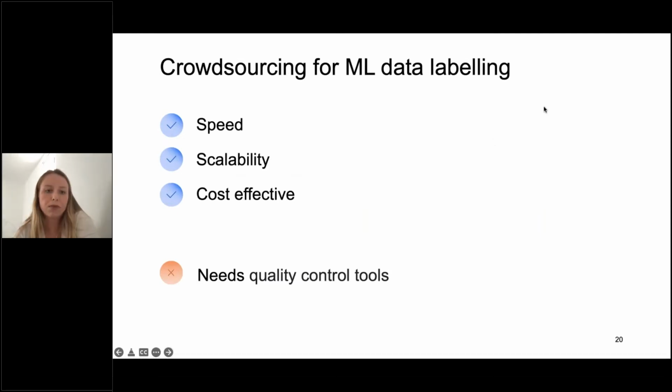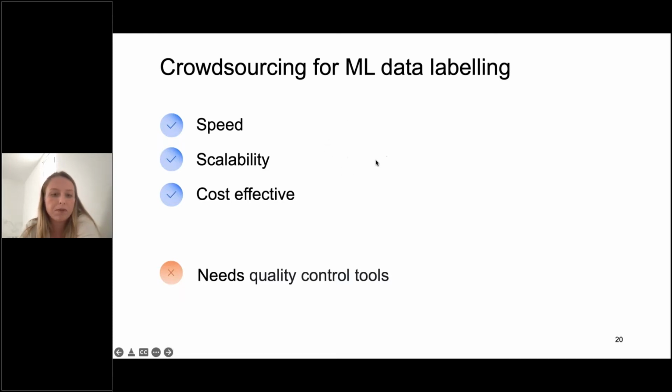And I just wanted to point out some advantages of crowdsourcing in the data labeling sense. As we mentioned before, we would like our process to be fast, scalable, cost-effective, and have good quality. The first three are pretty much guaranteed by the fact that we use the crowd.